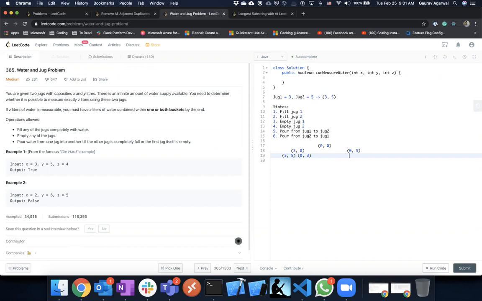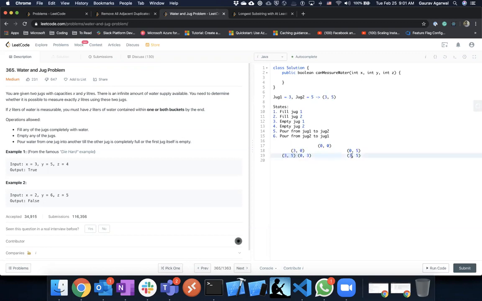From 0 5, where can we go? The first is fill jug 1, giving 3 5. This state is already present in the system, so we ignore that.